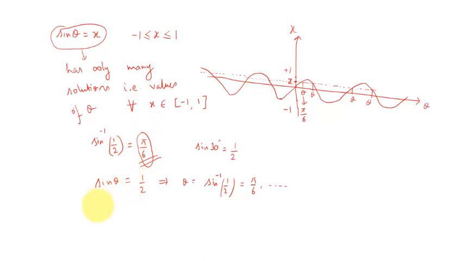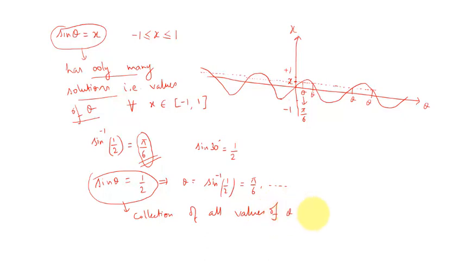The collection of all the infinitely many values of theta, for which sine theta will be suppose 1 by 2, will be a set, and that set is n pi plus negative 1 to the power n pi by 6.